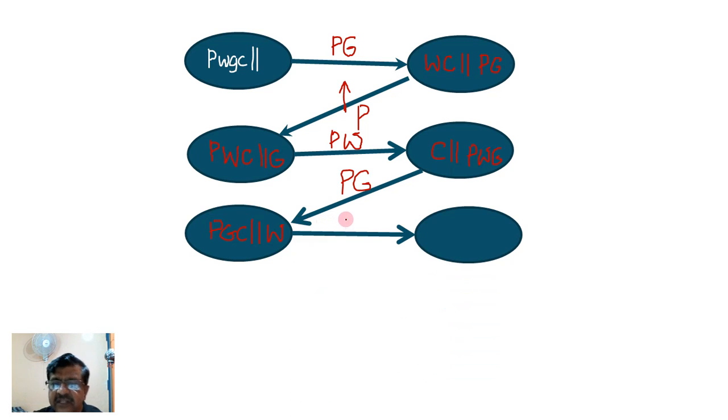Now peasant will carry cabbage along with him because he knows at the other end only wolf is remaining. Wolf cannot eat the cabbage. Therefore what remains in this particular state is peasant and goat. On the other shore, this should be cabbage, sorry: peasant, cabbage and wolf.